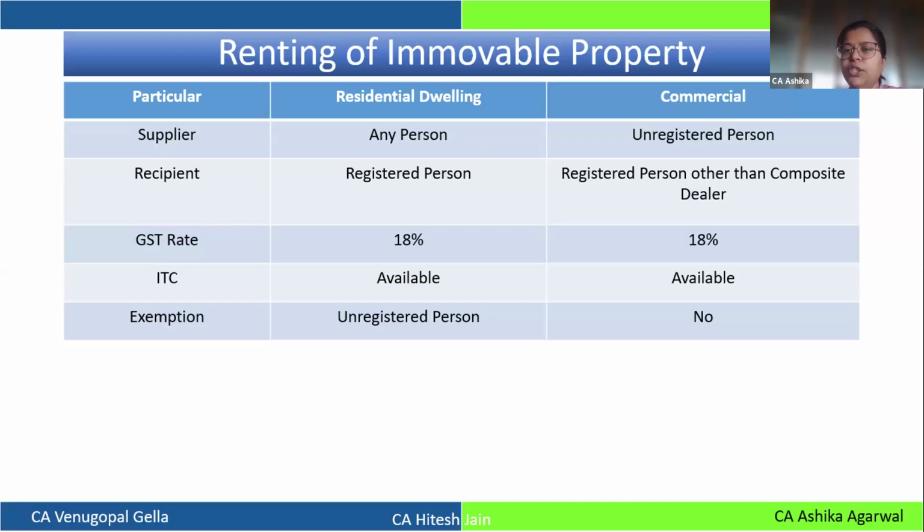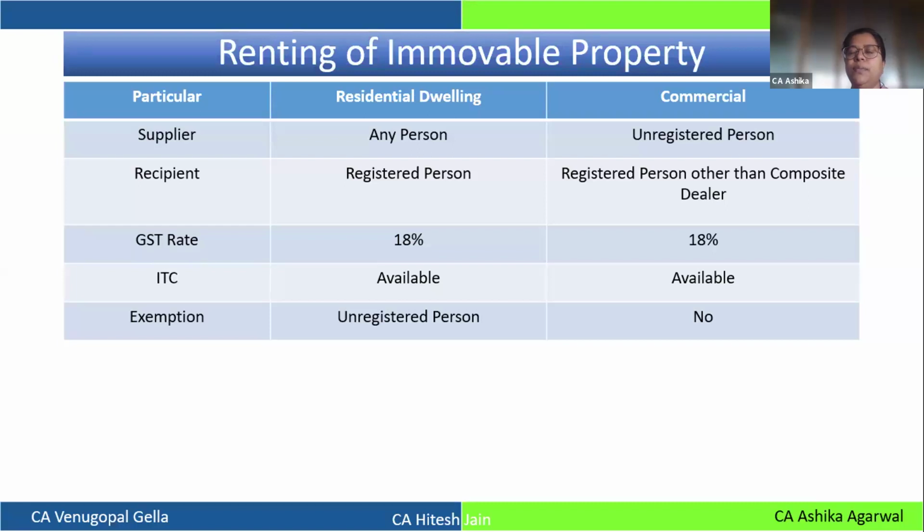Now, another thing which needs to be noted in residential dwelling is why the registered person is coming into picture. Most of the time it has been seen that companies take house, guest house, flats for their employee or for their director. And the invoice is raised by landowner directly on the company.